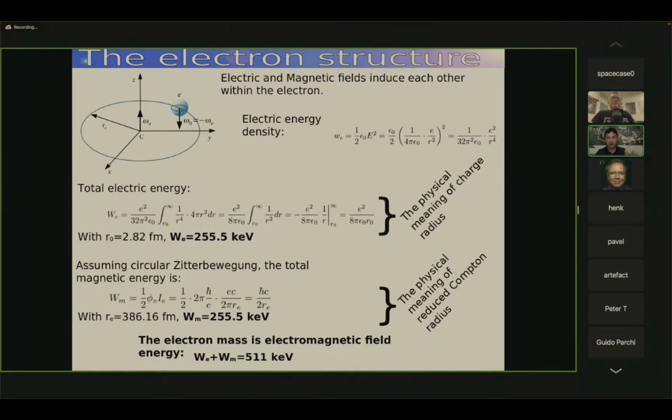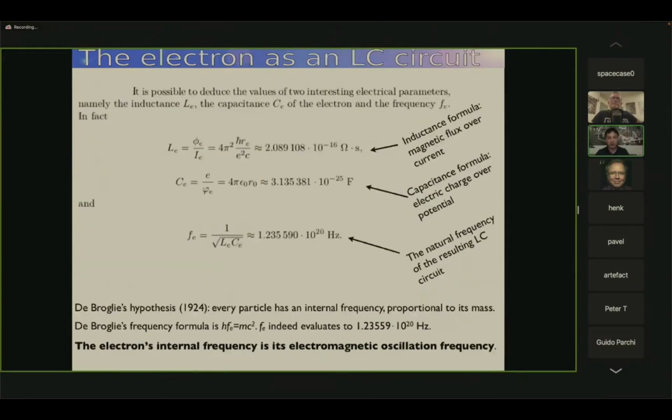Okay, now this picture is a static snapshot, but I told you that electric and magnetic fields induce each other. And in fact, we can think of an electron as an LC circuit. For the inductance L, we use the usual formula of flux over current. This is the inductance formula for a current loop, and we get this inductance value.